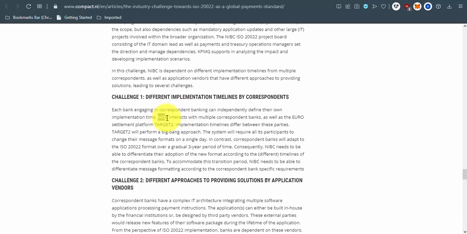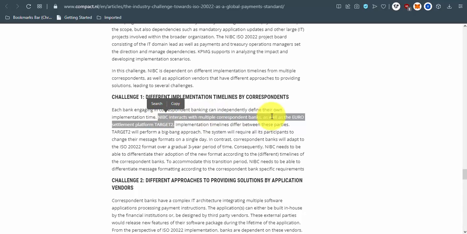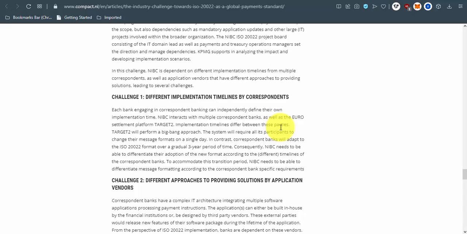NIBC interacts with multiple correspondent banks as well as the euro settlement platform TARGET2. So this NIBC bank interacts with correspondent banks and is also a direct participant of the TARGET2 system. Implementation timelines differ between these parties. TARGET2 will perform a big bang approach. So in November 2022, TARGET2 is going to be ISO 20022 compliant. That means all the banks that are connected to TARGET2, like NIBC bank, would have to be ISO 20022 compliant.